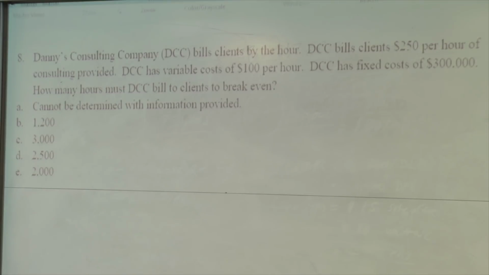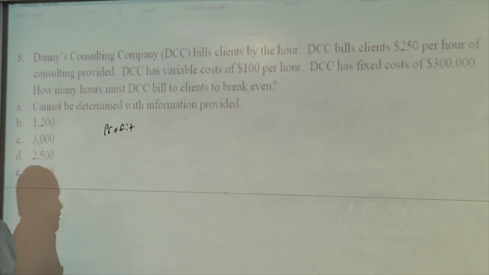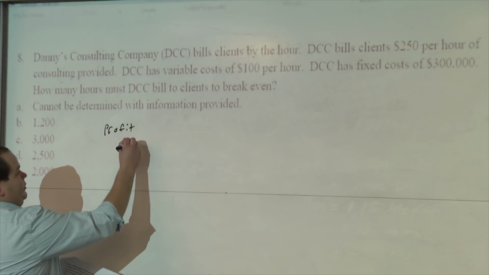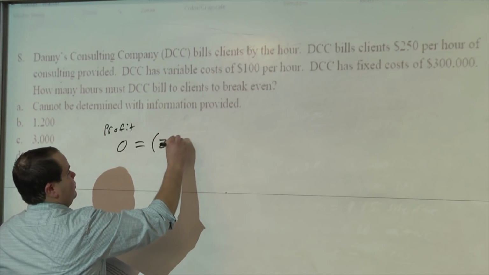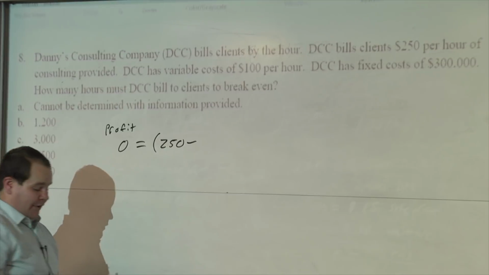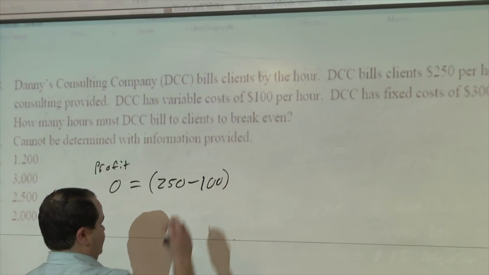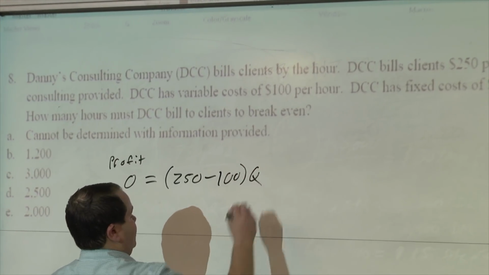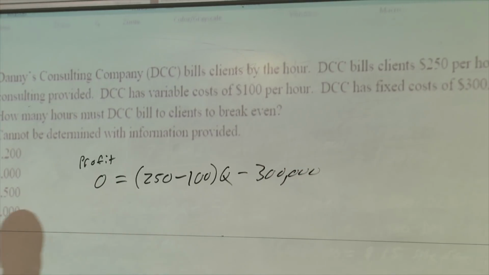So remember our equation. We're going to be using this again. At our break-even point, our profit is 0. So 0 is equal to 250, which is how much they charge, so we can think of that like the sale price, minus the variable cost per hour, which they tell us is 100, times our quantity, minus 300,000.